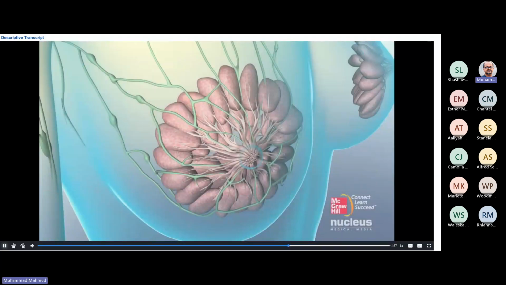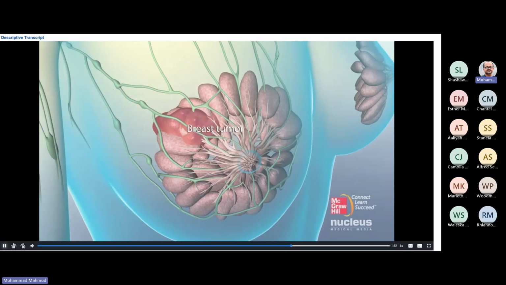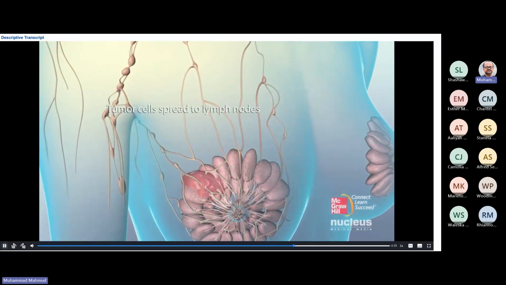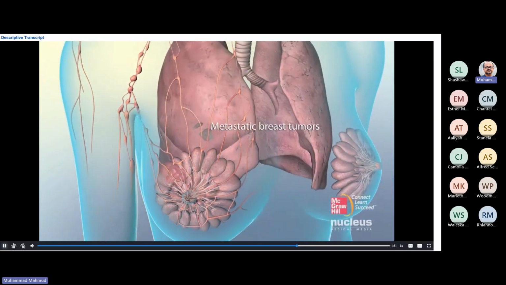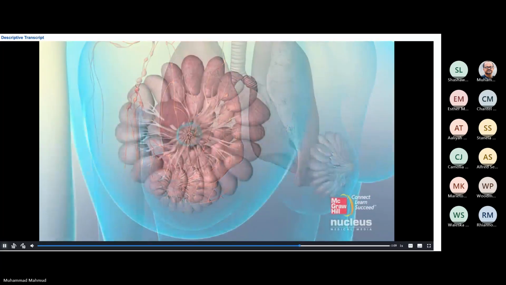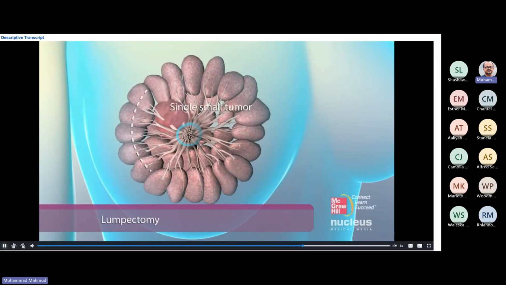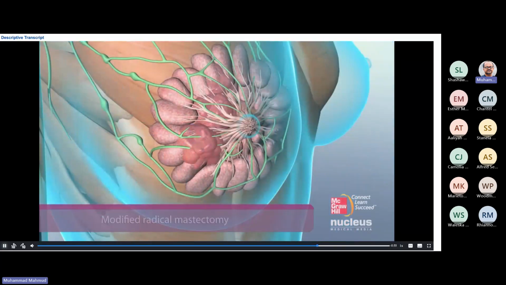Primary treatment for breast cancer depends on the size of the tumor, lymph node involvement, and metastasis. Generally, breast-conserving lumpectomy procedures remove single tumors less than 5 centimeters with no invasion of the chest wall. For larger tumors or multiple tumors with no chest wall invasion, the usual treatment is modified radical mastectomy.